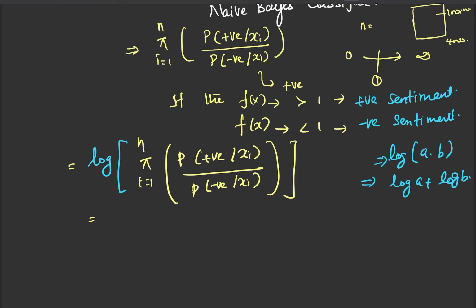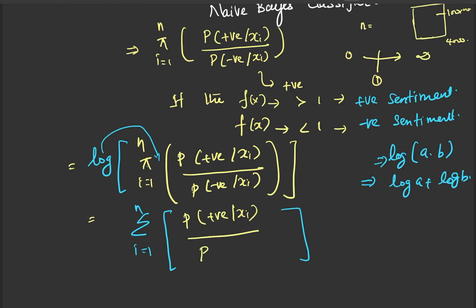So when you move the log inside, the product becomes a summation, summation from 1 to n, of the same probability ratio for the given xi for the positive class and for the given xi for the negative class.